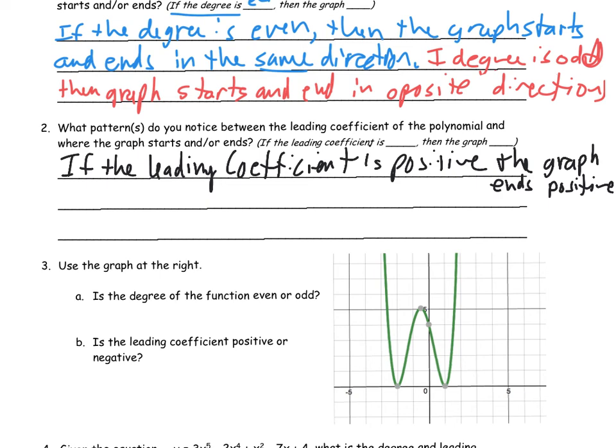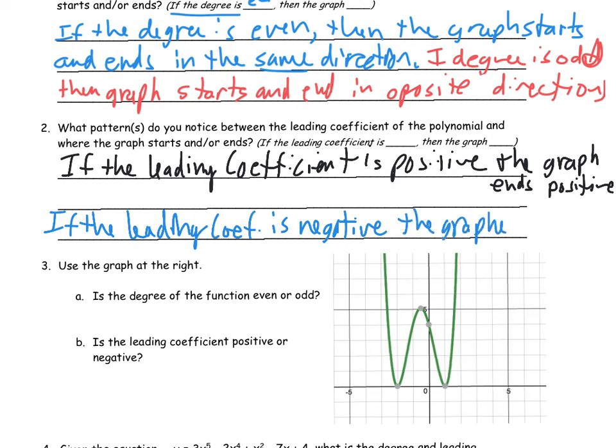Let's go blue here. If the leading coefficient, I'll abbreviate that, is negative, okay? The graph ends negative. So I don't care if it's like negative 3x to the 5th, we'll say.